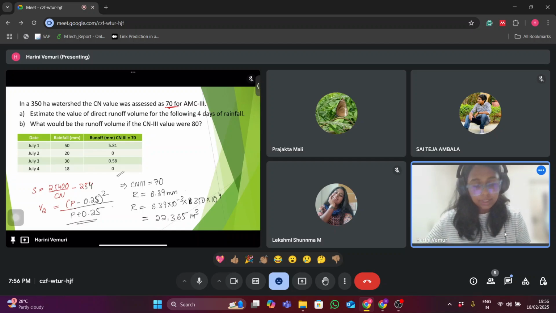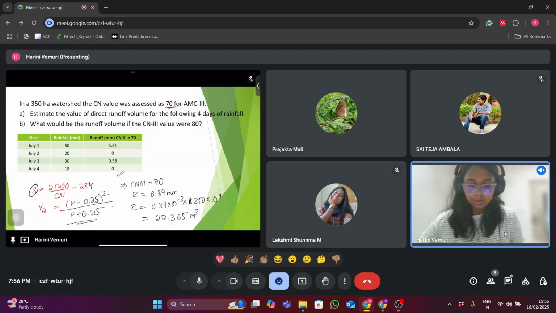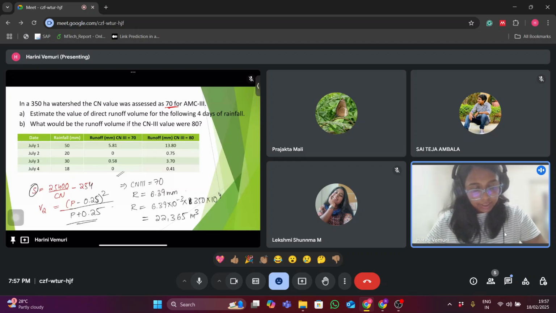In case of CN value equal to 80, what we do is we first calculate the maximum soil retention value and then we will calculate the runoff values. Here also, for CN3 equal to 80, we will add all this to calculate the total runoff. That is 18.66 mm.